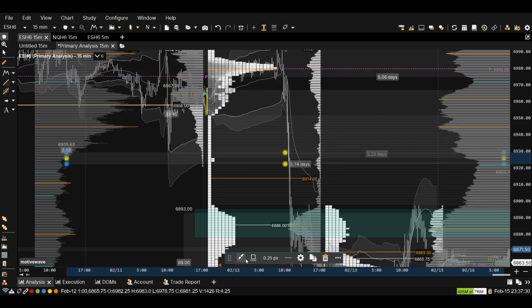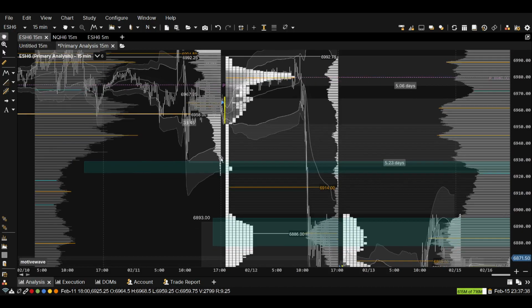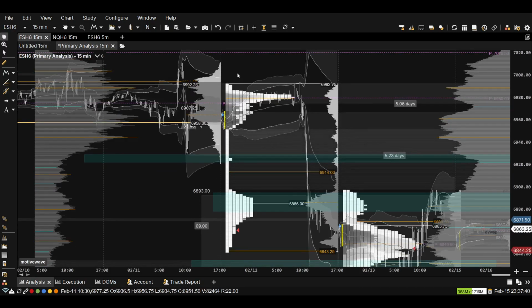This could be named like a shelf, here in the volume profile, here in the overall volume profile, and here.